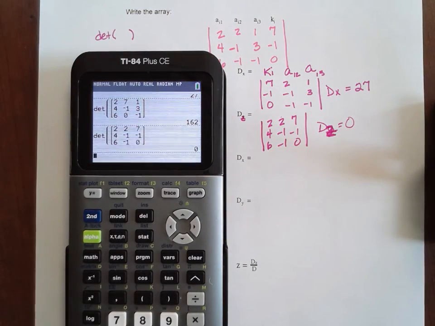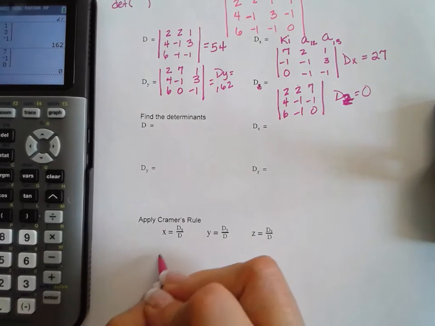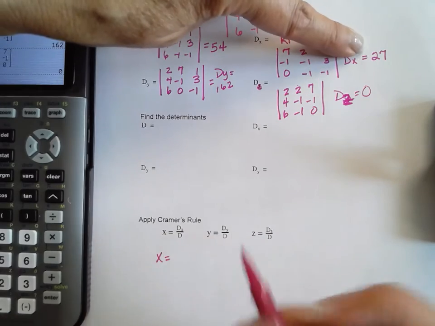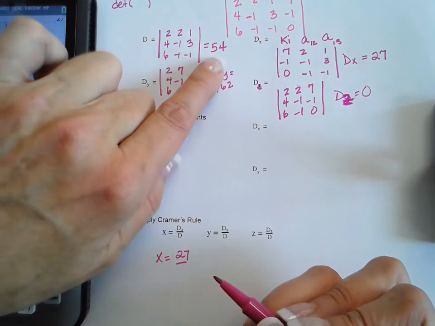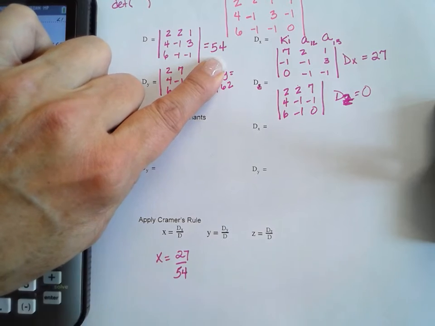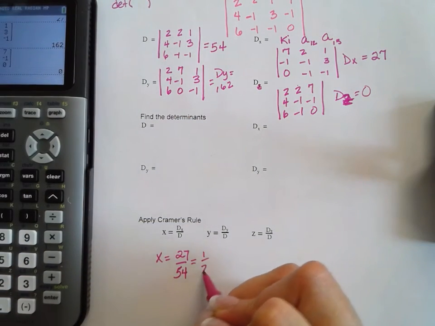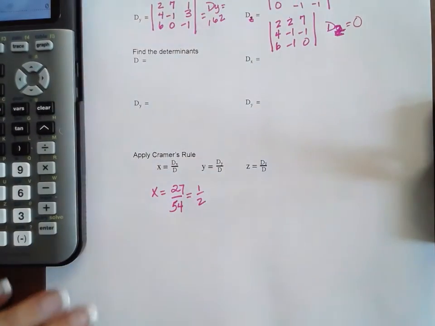And then what was Cramer's rule? Cramer's rule just said that x is going to be my D of X, which was 27, divided by my determinant, which was 54, which is going to give me 1/2.